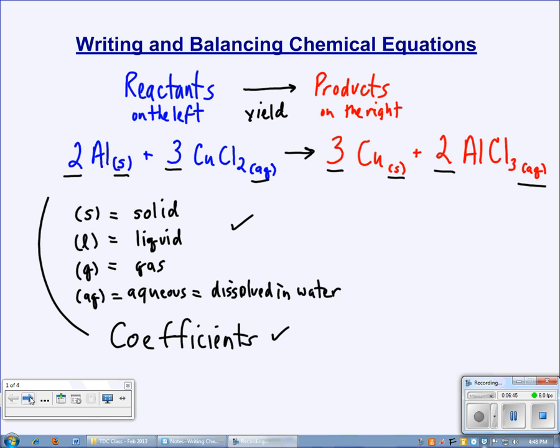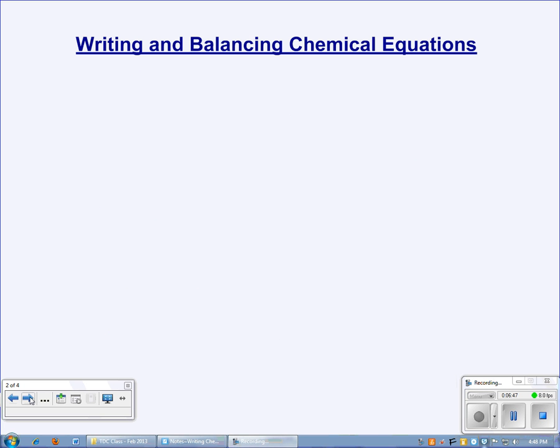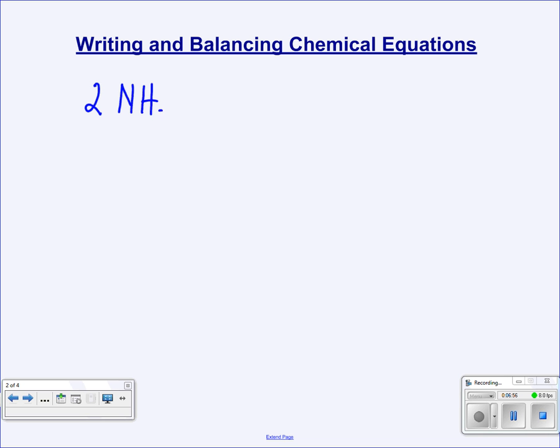To illustrate reaction conditions, we'll write a new reaction here. If I took 2 molecules of ammonia, that's NH3, the G signifying a gas, it will yield 3 molecules of hydrogen gas plus 2 molecules of nitrogen gas.